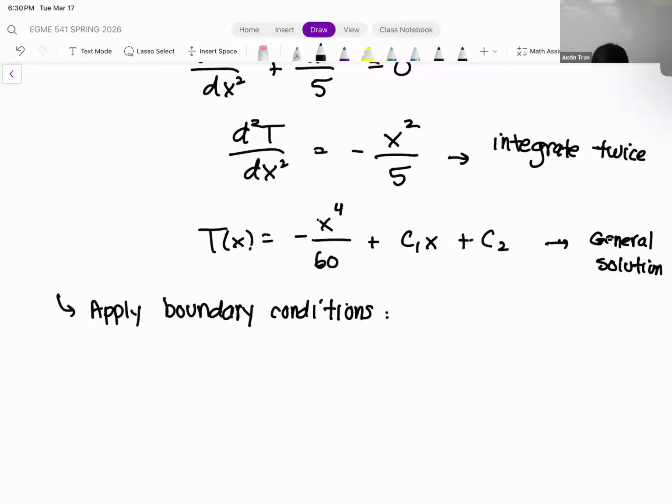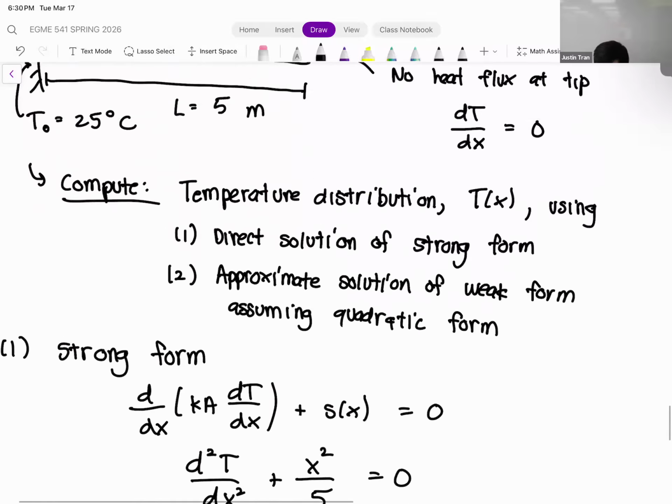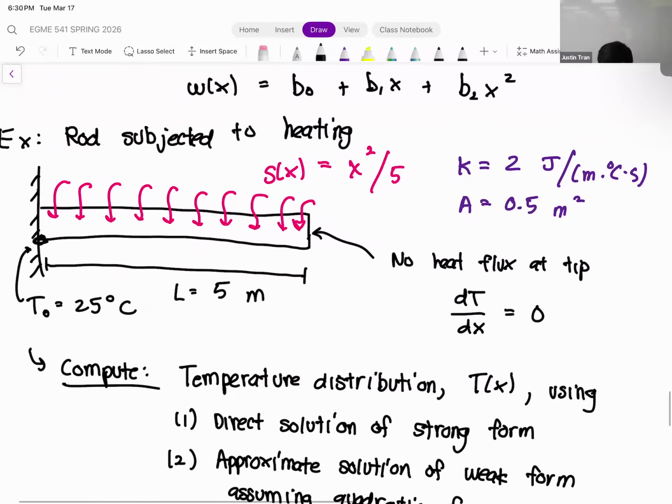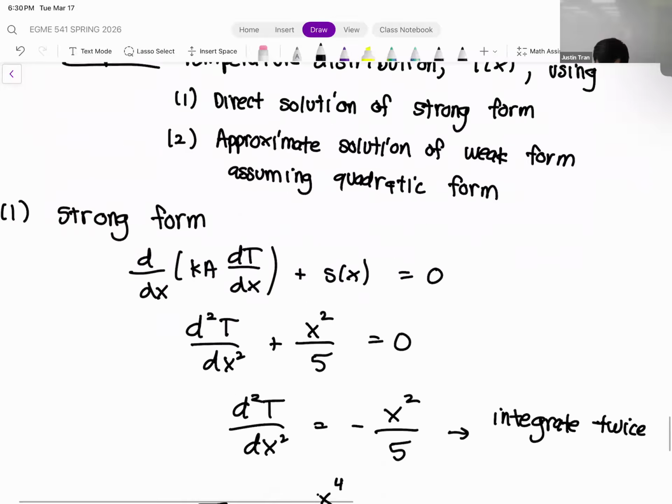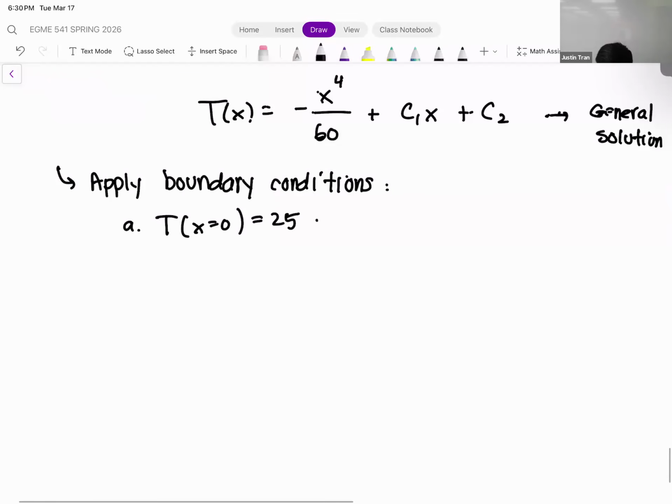So our boundary conditions here: we have our Dirichlet boundary condition at the wall, so T at x equal to 0 is equal to 25, because we're defining x equal to 0 to be at the wall, and at the end we're going to have x equal to L. And so we plug in x equal to 0, so you have minus 0 to the fourth divided by 60 plus c1 times 0 plus c2.